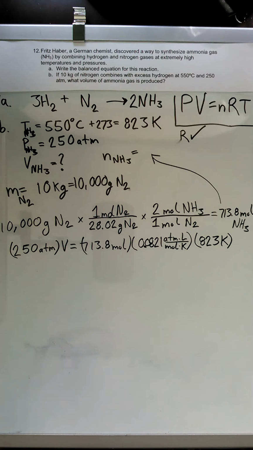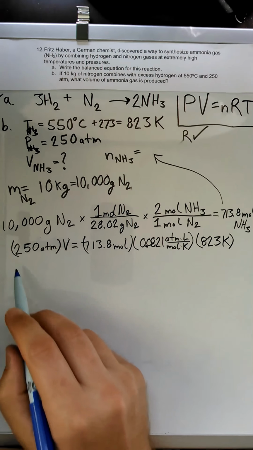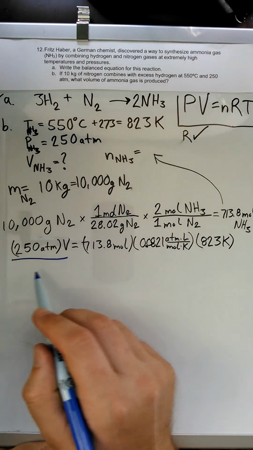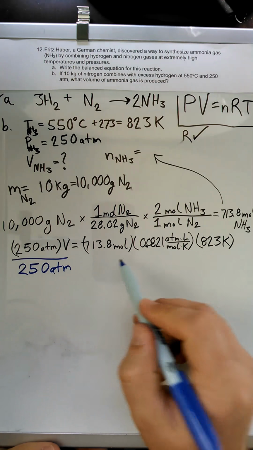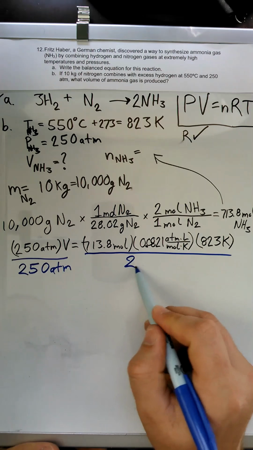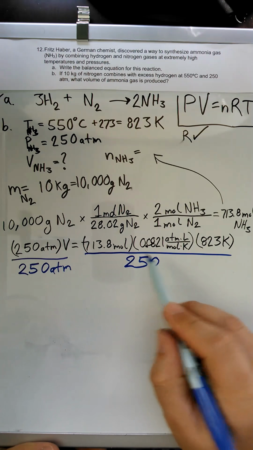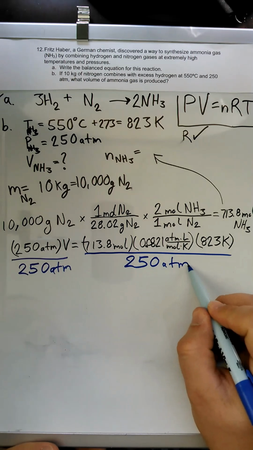Okay. Then we can divide both sides by the pressure of 250 atmospheres, and this will give us our volume in liters.